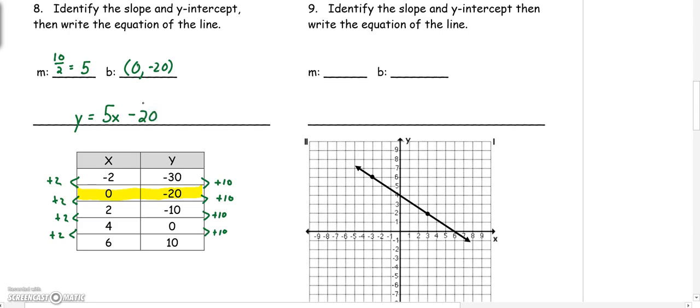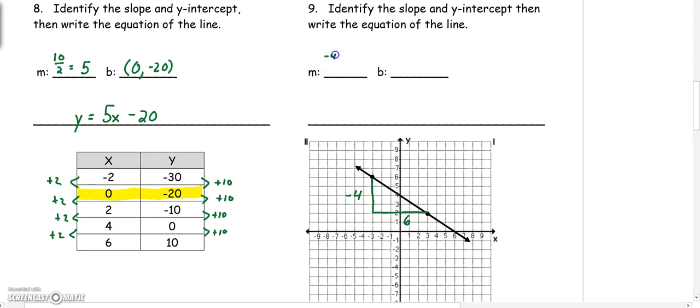Let's look at the same thing in number 9. So in number 9, now we're given a graph. To find my slope, I know that my line is slanted downward, which means I have a negative slope. So I'm going to count how many spaces I have to go down to get even with my next point. So I went down 4. And then how many to go over to get to that point? 6.